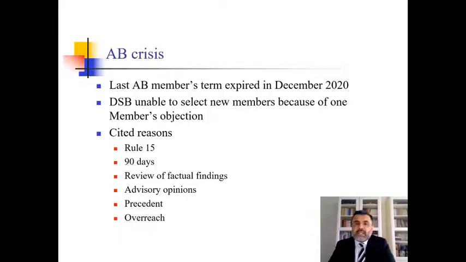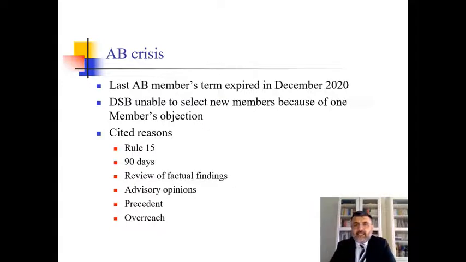The DSU says that an appeal should normally be completed within 90 days. The appellate body has been unable to observe this rule in some cases, and the United States also found this to be a problem. Another argument presented by the United States was that the appellate body in some cases engaged in the review of factual findings made by panels, which, as I explained to you, the appellate body cannot do.